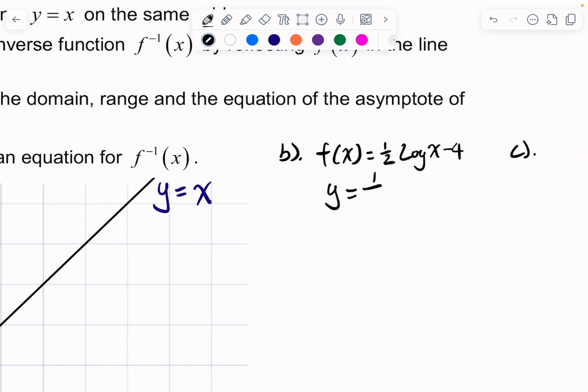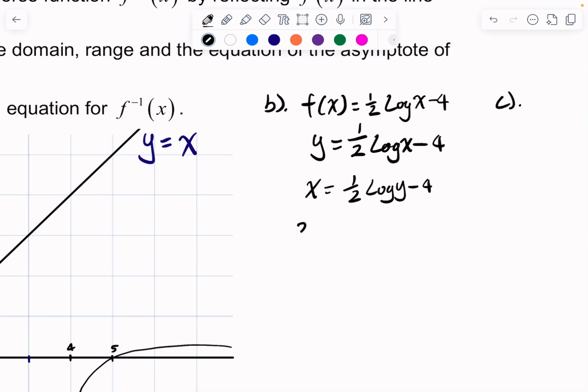y equals, and swap x and y. Times both by 2 to get rid of the fraction. Oopsie.